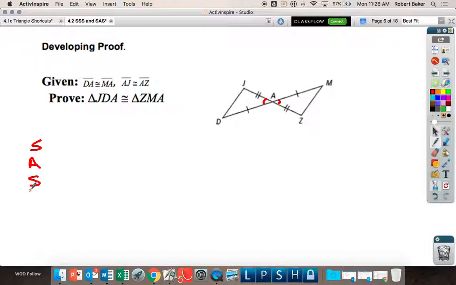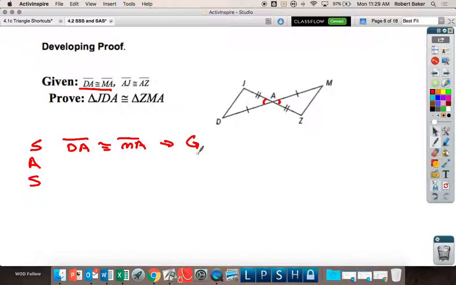So when you do your proof, do you have a pair of congruent sides? Yes. Which ones are they? JA and AC. Why is that true? Do you have a pair of congruent angles? Yes. Which one?